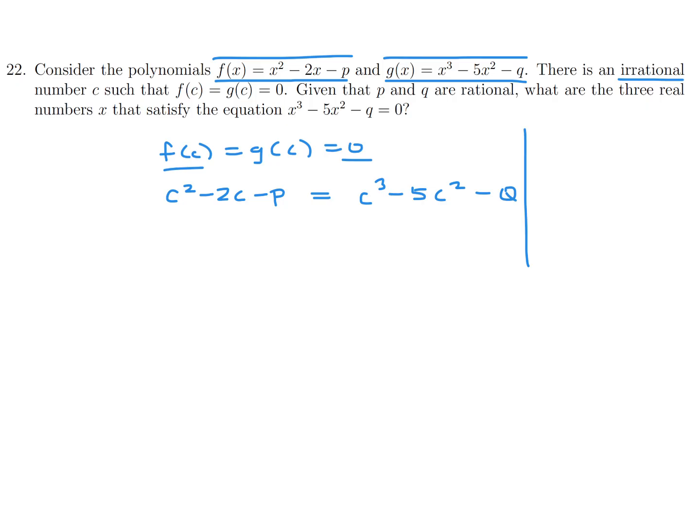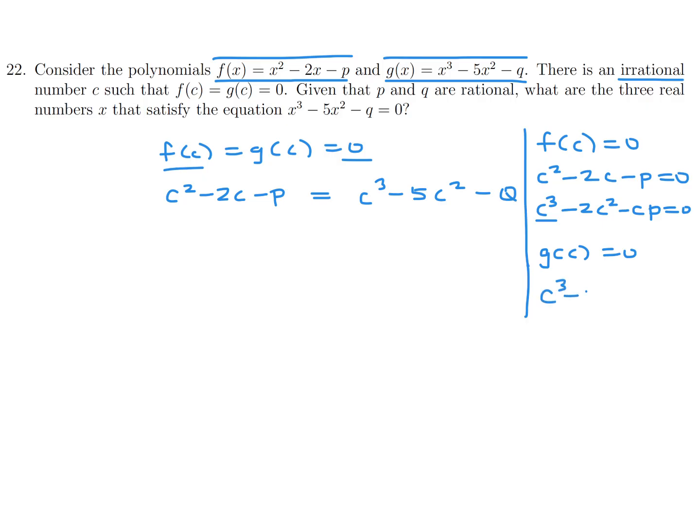f of c equals 0. And then that would make it c squared minus 2c minus p. And then to multiply through by c, I would get this. And that would probably be a little bit better since it has the same degree as g of c. And g of c equals 0 would be c to the power 3 minus 5c squared minus q equals 0. Okay.